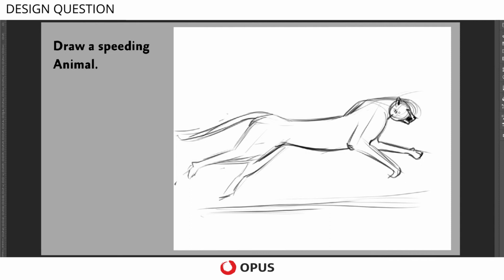So first just give this general structure, then the bodily features, and after that we can go for the texture.